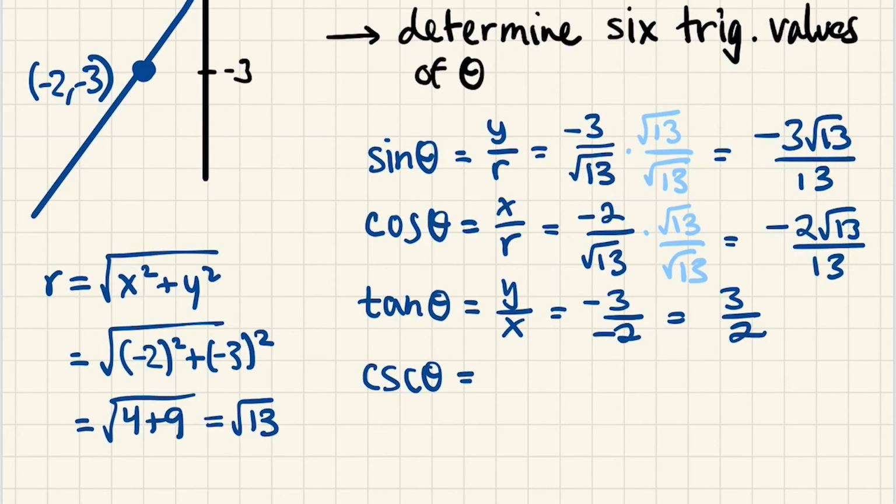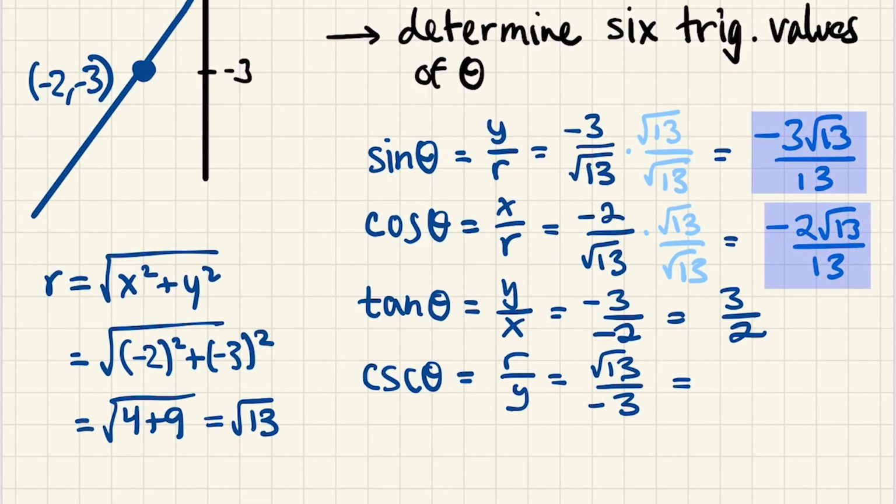Cosecant of theta is r over y, so that would be rad 13 over negative 3. All right, now it's okay to leave a negative in the denominator, but I usually try to avoid that. So you can move the negative to the numerator, as we have in the sine and cosine case here, or you can just put the negative in front of the fraction.